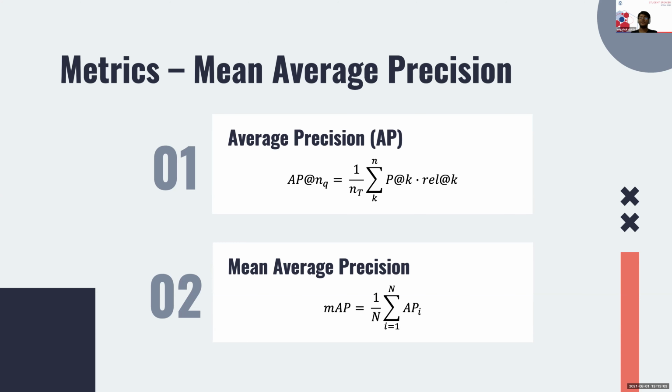That means we got the right image or the right ID at the first try itself. However, if we don't get it in the first try, but in the top two, top three, and in the top n, the k will take the values of 2, 3, and n respectively. So the average precision is just the sum of these, averaged over the number of queries that we have. The mean average precision then is just the average of all the average precisions based on the number of queries.